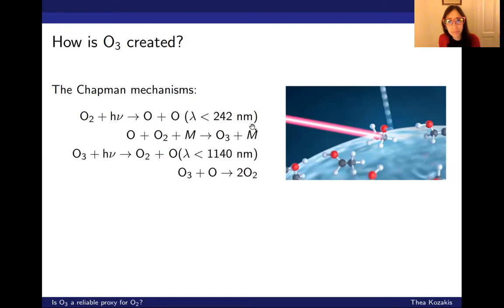Right here, the M is just a background molecule to carry away excess energy, and that could be something like nitrogen. After you do have O3, it can be converted back into O2 either via photolysis of O3 or by combining with an oxygen atom, at which point you can start the cycle again.